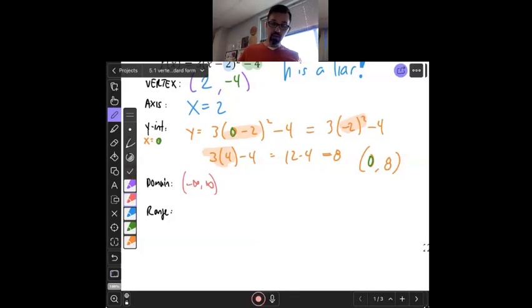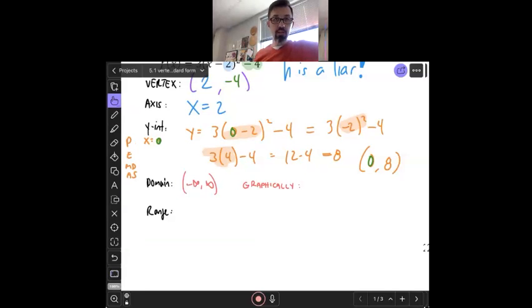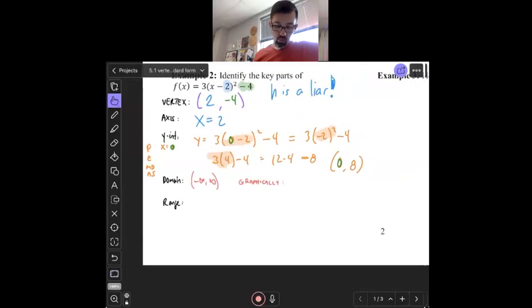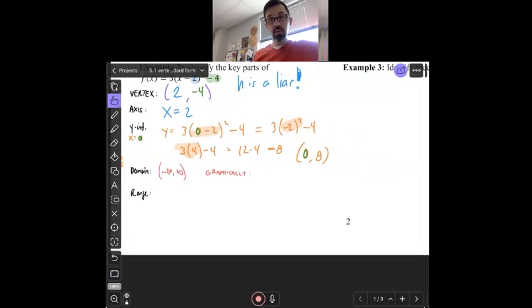When we look at the graph, what does that mean? If we know the domain is all real numbers, what are we going to see on the graph? Or what would we have seen on the graph to tell us that it's all real numbers?